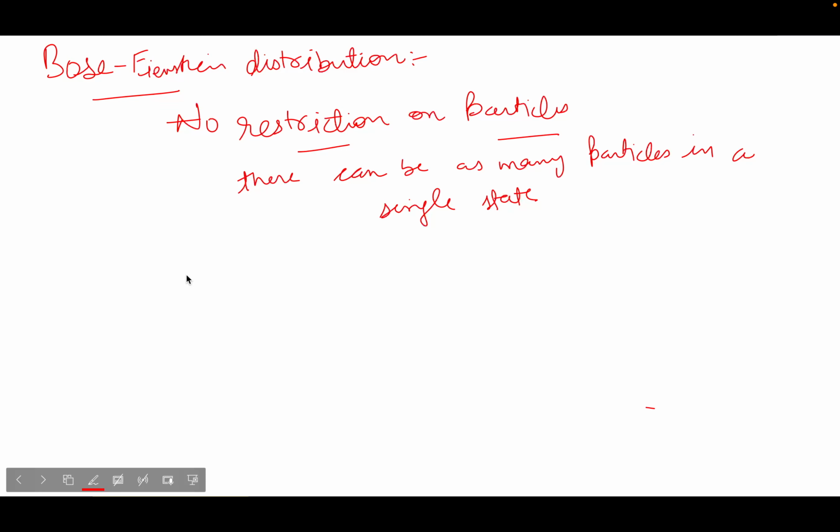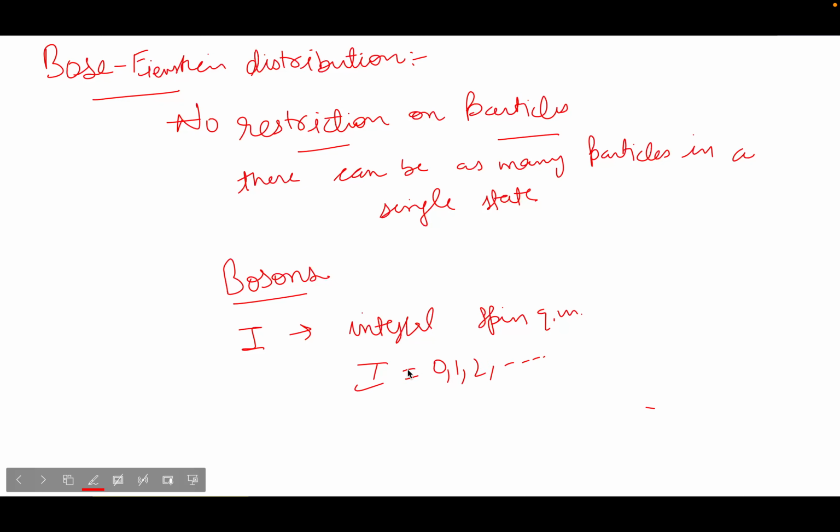And we know that the Bose-Einstein distribution is followed by bosons, and these bosons have integral spin quantum number, like I equals 0, 1, 2 and so on. The examples are photons, or all composites with an even number of fermions, like helium-4.